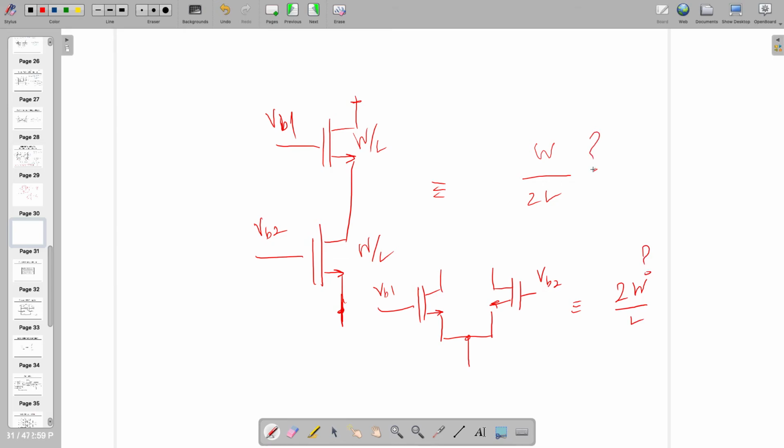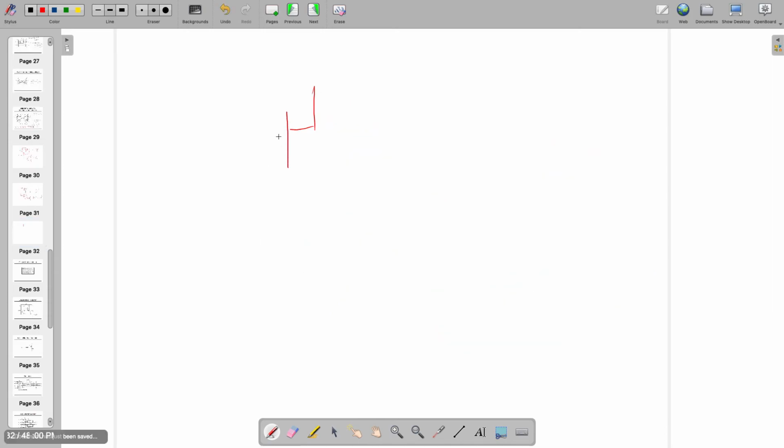No, right? You have to look at all the conditions in terms of voltages. So if I am doing this, then also I cannot say that it's the same, or in this case also I cannot say that, because one is NMOS, one is PMOS.